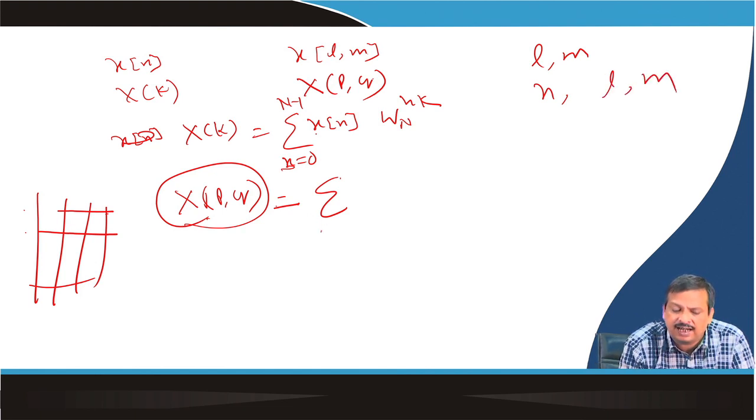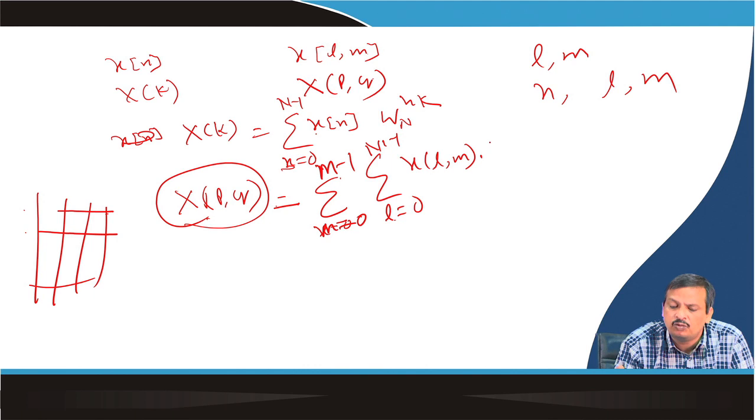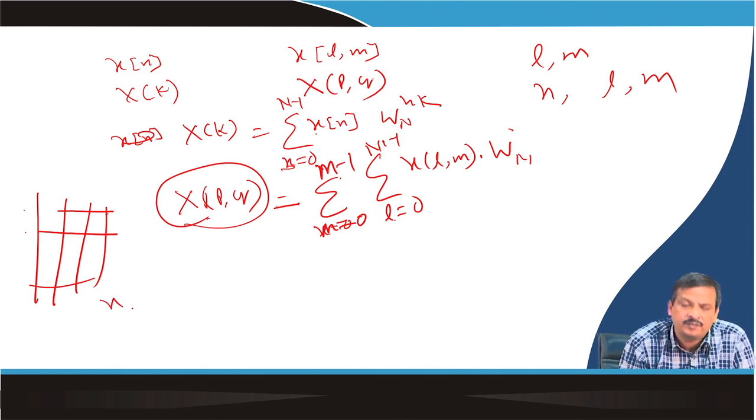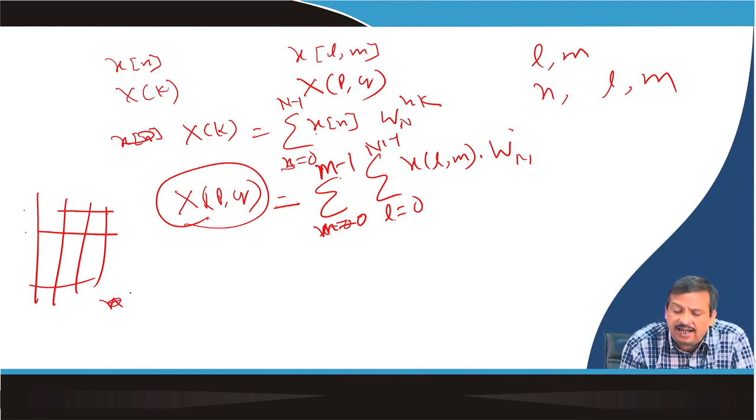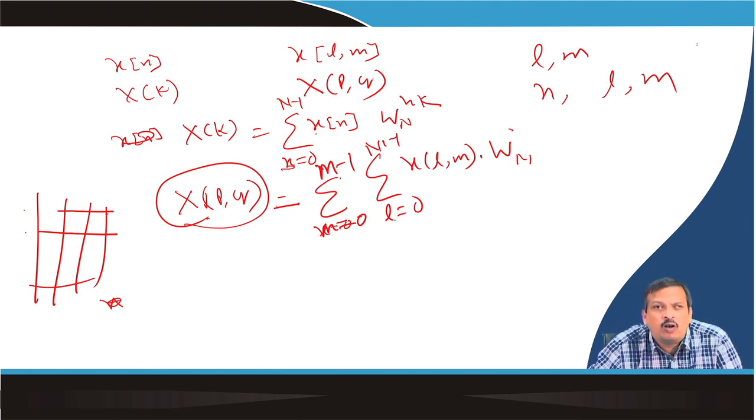So, n can be, let us say, m is equal to 0 to capital M minus 1, then L is equal to 0 to L minus 1 of x of Lm into W_N. How do I represent n here? There is a two for loop.